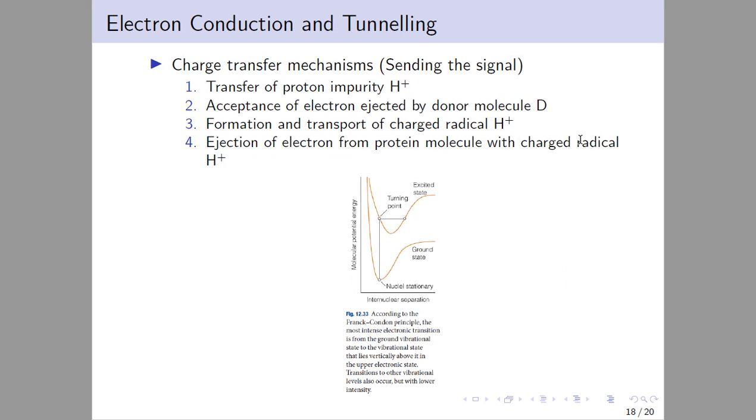Okay, so the charge transfer mechanism, sending the signal again from our neuron or from our sensor to our brain. So the proton moves from one carbon residue to another carbon residue. So a transfer of proton impurity H plus, acceptance of electron is rejected by donor molecule D, formation and transport of charged radical H plus, and ejection of electron from protein molecule with charged radical H plus.